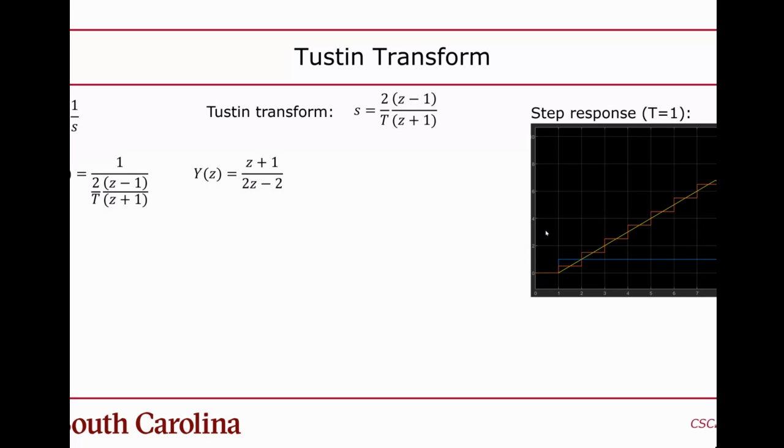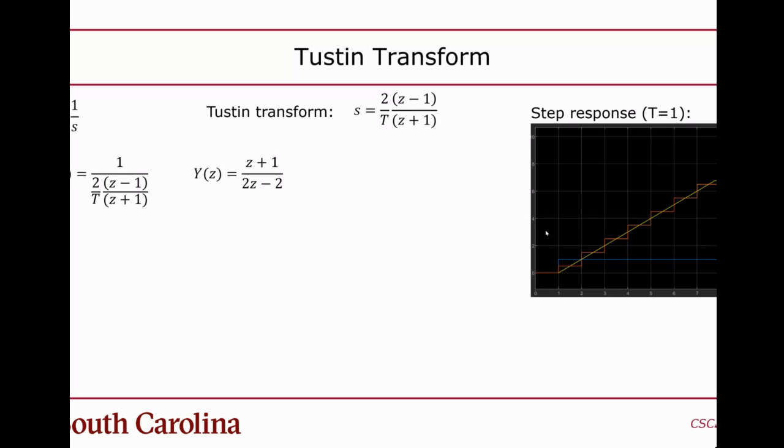And there's actually a few different ways to do it. The most widely used way to do it is through the Tustin Transform. So this will take an S domain transfer function, convert it into the Z domain. It'll discretize it using something called a trapezoidal integration, essentially.